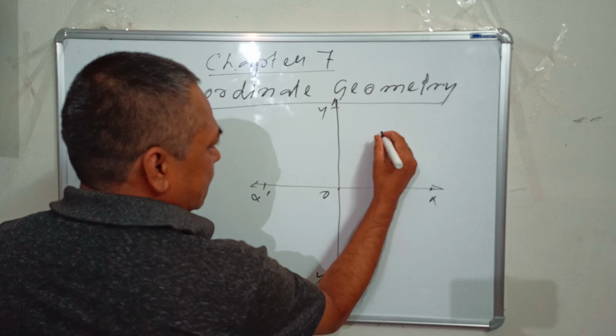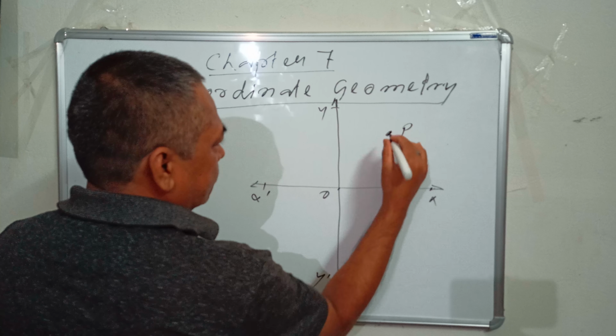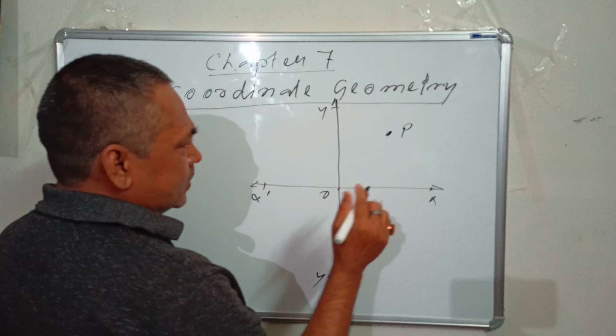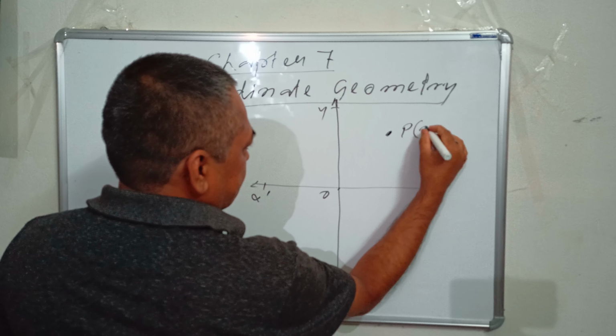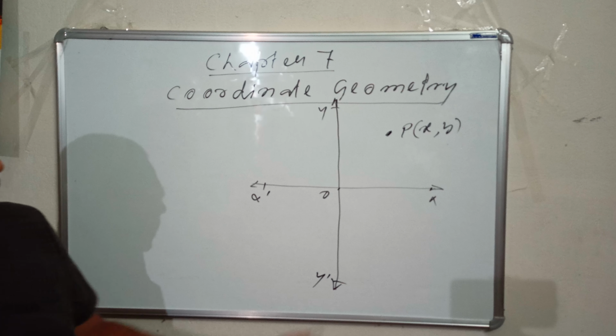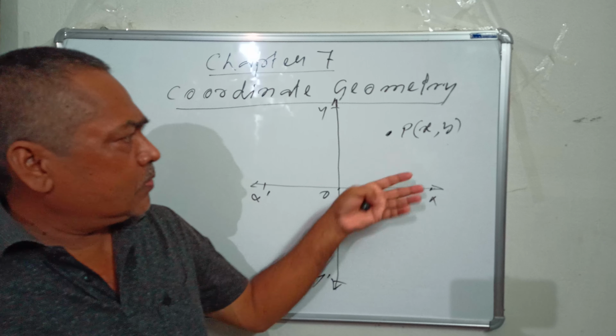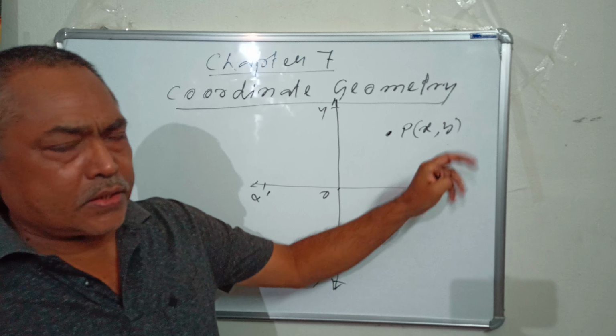Suppose here is a point P. What you need to understand very much here is about a point in the coordinate system. Suppose P is a point, its coordinates are x and y. Now you remember what is x, what is y.